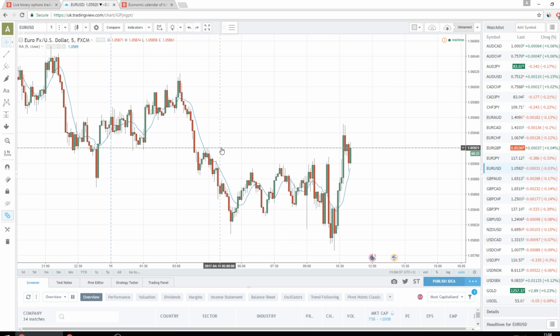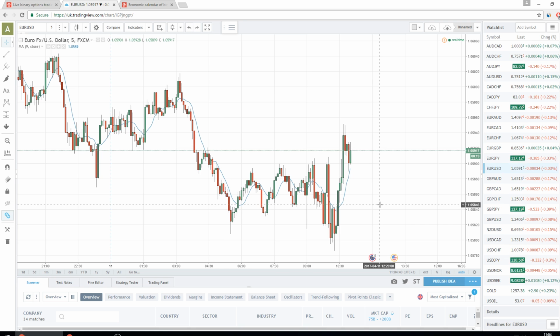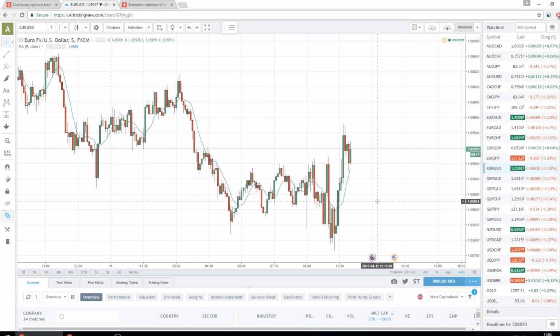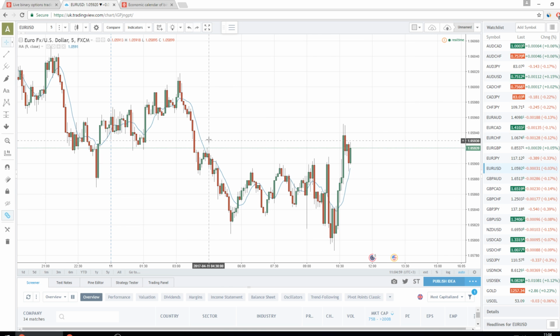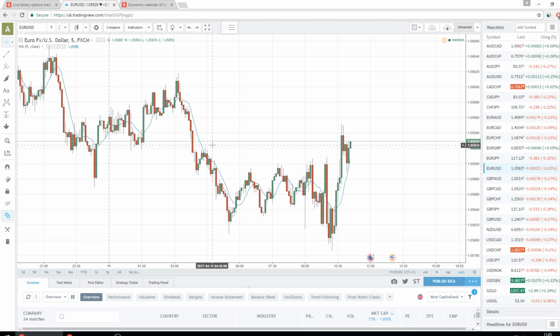So what does this indicator give us, and what is it? As I told you, it's a widely used indicator that helps to smooth out the price action, filtering the noise from random fluctuations on the market. It's a trend-following lagging indicator, which means it's based on past prices.